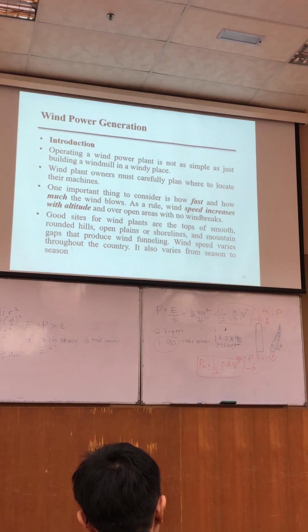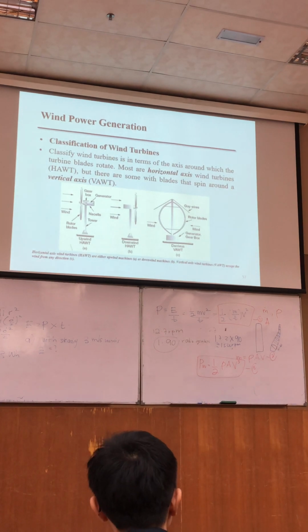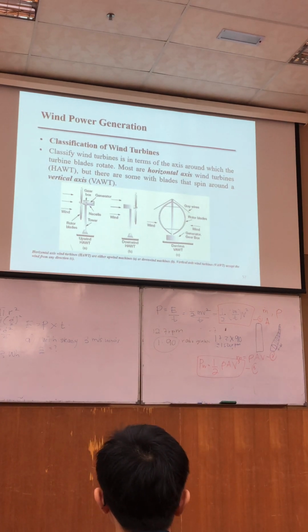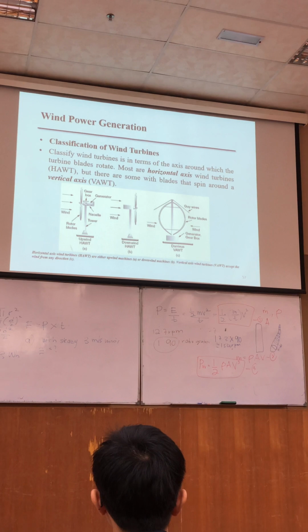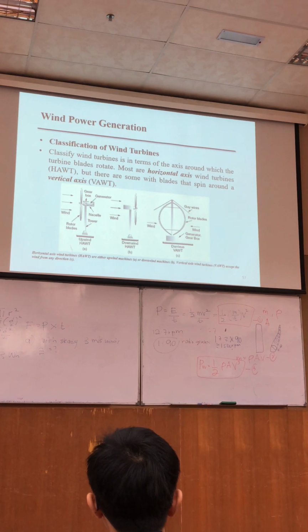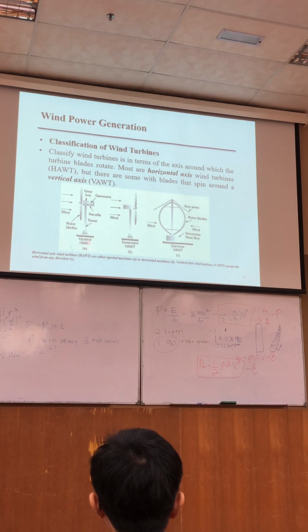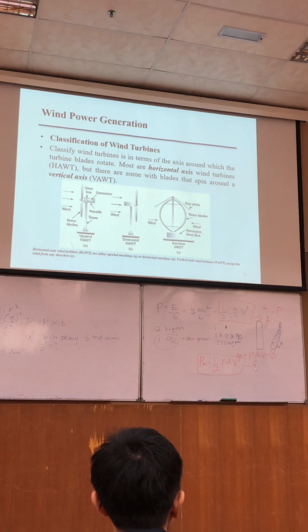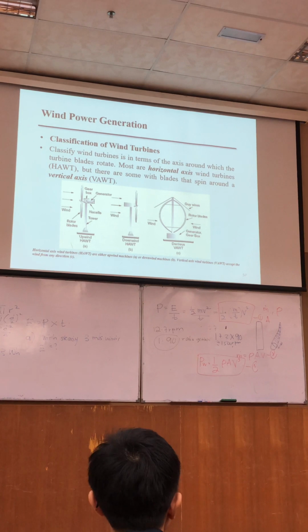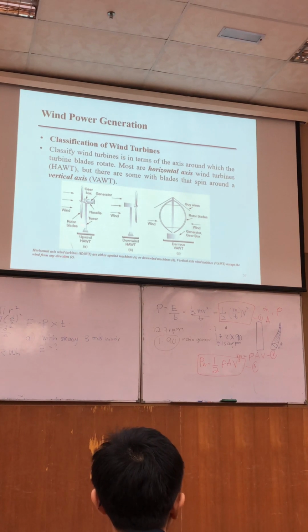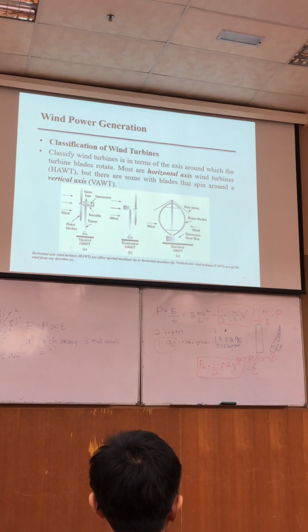Now look at the two types. We can classify wind turbine into two types. Number one, vertical axis wind turbine. You can see in this figure, we have part A here, which is upwind horizontal axis wind turbine. Upwind means the wind comes towards us. Then downwind, from behind. Downwind horizontal axis wind turbine.